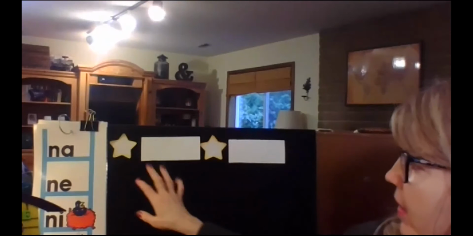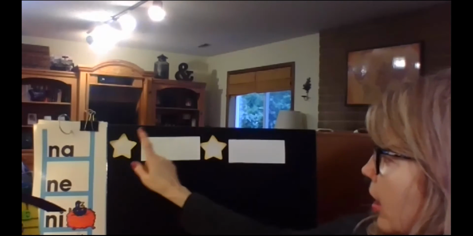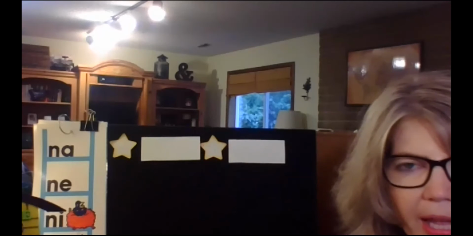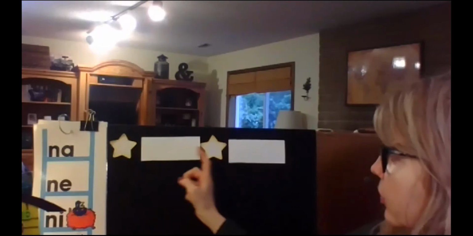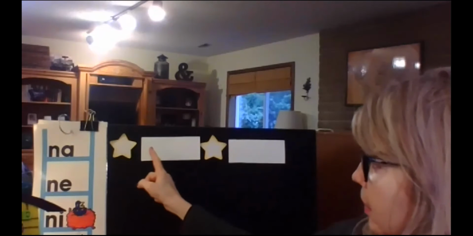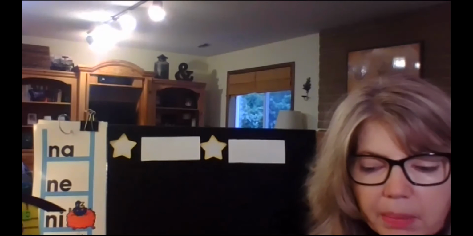So I see that there is a pattern starting here. Star, rectangle, star, rectangle. How many different things do you see repeating? Star, rectangle. I see two different things repeating. So that is an A-B pattern. A-B, A-B. Two different things are repeating.